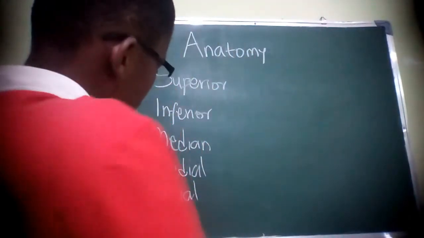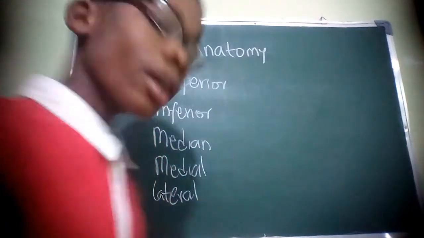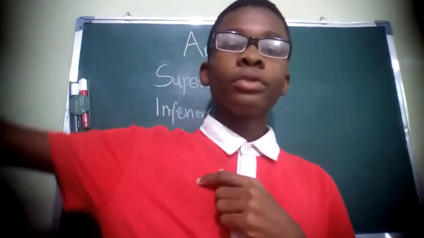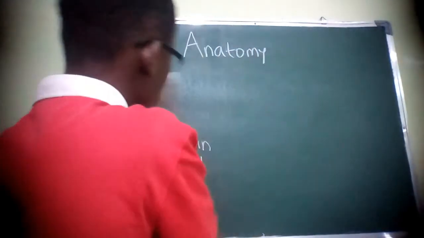So we look at the next one, lateral. Lateral simply means that the structure is further away from the midline. Like when you're moving your upper limb this way, that means you're moving your upper limb far away from the midline, laterally.